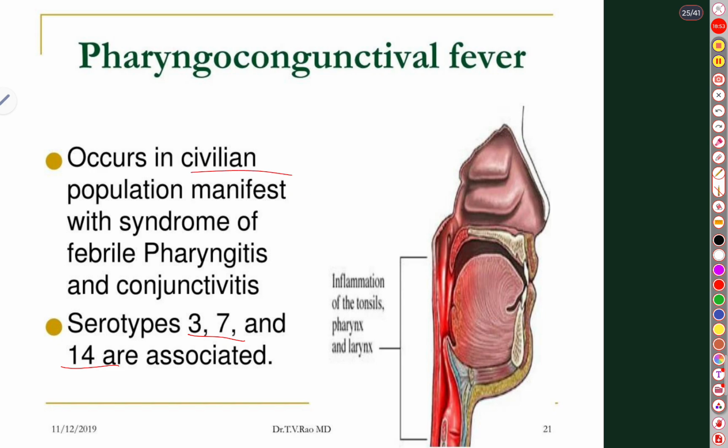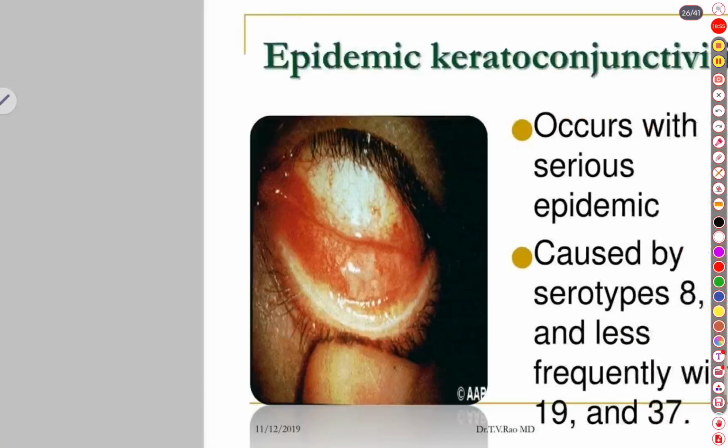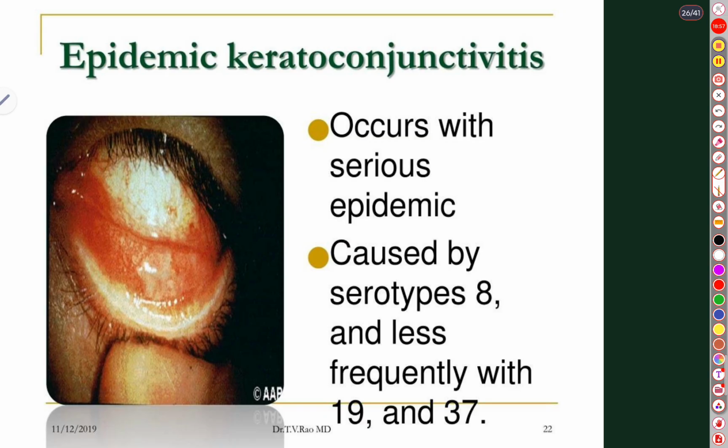It's most in the civilian population. Then the epidemic keratoconjunctivitis, it occurs in the serious epidemic. It's caused by the serotype 8 and less frequently with the serotype 19 and 37. So the more frequent is the number 8 serotype that causes this. Look, keratoconjunctivitis.